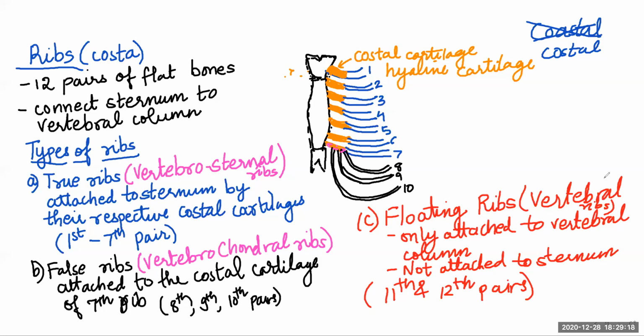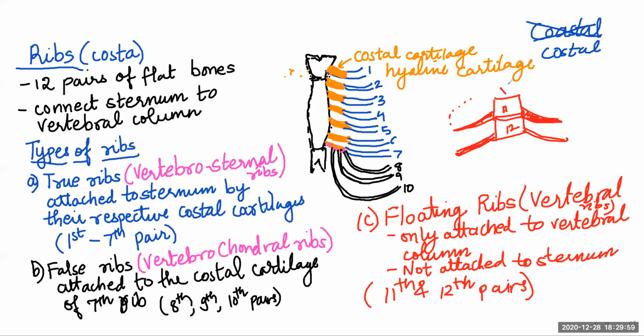How floating ribs are? Floating ribs आपको anteriorly नहीं दिखेगा. Floating ribs सिर्फ आपको पीछे से दिखेगा. तो सपोज ये 11th thoracic vertebra और ये 12th thoracic vertebra है, तो यहाँ से एक पेयर ऑफ रिब्स ऐसा नीचे की तरफ आएगा और यहाँ से एक पेयर ऑफ रिब्स ऐसे नीचे की तरफ आएगा. ओके. ये आगे की तरफ टर्न नहीं होगा, it won't go in front and join the स्टर्नम. नो. तो ऐसे दिखते फ्लोटिंग रिब्स.